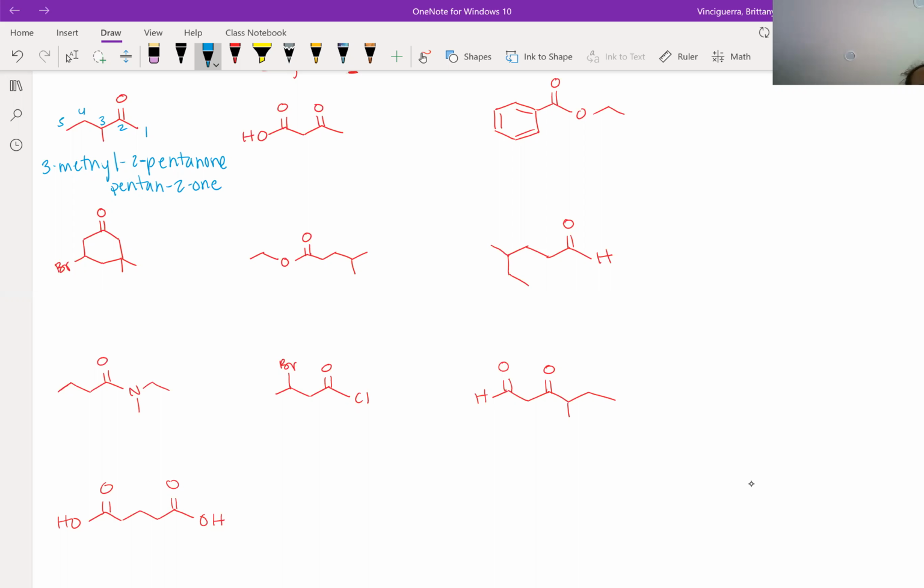Which group has the priority? Is it the carboxylic acid or the ketone? I thought it was the carboxylic acid. Right. So that makes this carbon number 1. What is the prefix used for a ketone when it's a substituent? Can you repeat that?